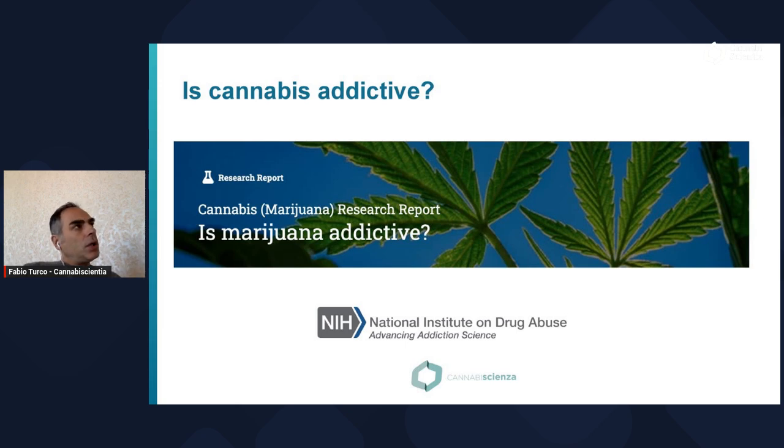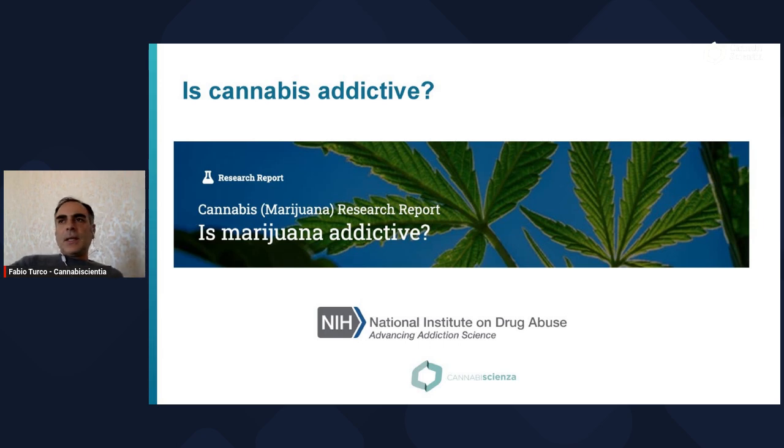But this happens only to recreational users, because patients with medical cannabis do not experience addiction for sure. They experience a little degree of dependence due to the fact that the body needs the substance to function normally, but to fight against the pathology. It's better to say. And so dependence is something that we can say does not apply to medical cannabis.